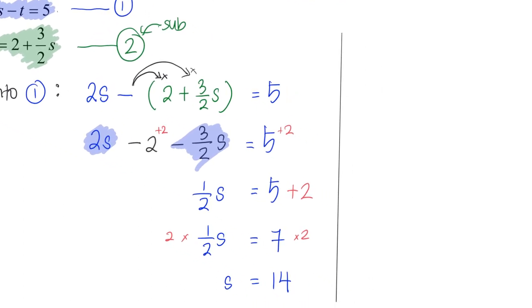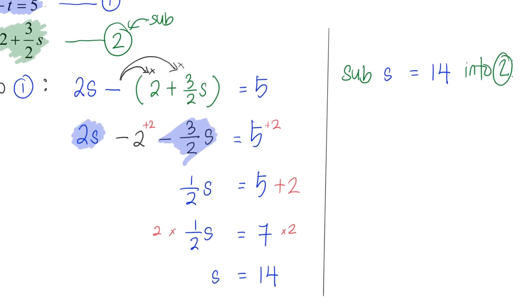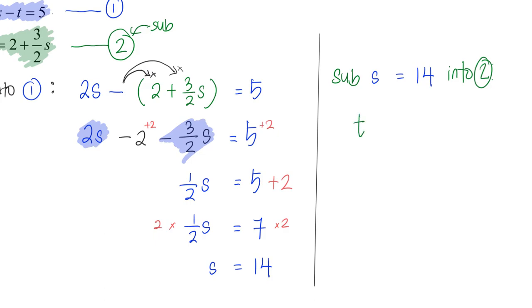So I'm going to substitute this answer into 2. t will be equal to 2 plus 3 over 2s. s I now know is number 14. This will give me 23.